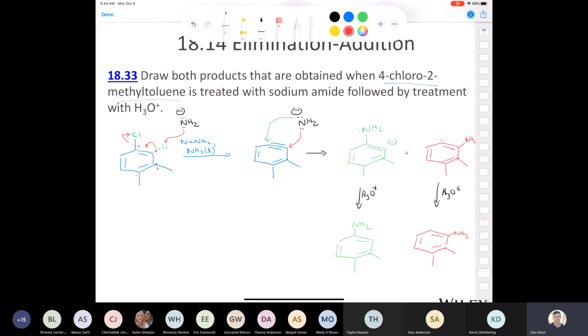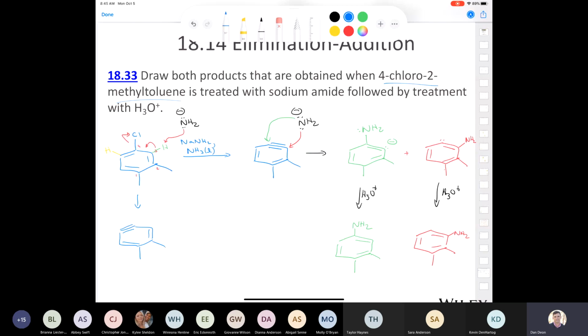So somebody asked, could the amide deprotonate at the 5th position? So what Andrew's asking is, could you deprotonate here? And the answer is yes, you could. So if you were to alternate the bonds, if you drew the bonds like this, you would end up with this intermediate where you'd have the triple bond here, like that.